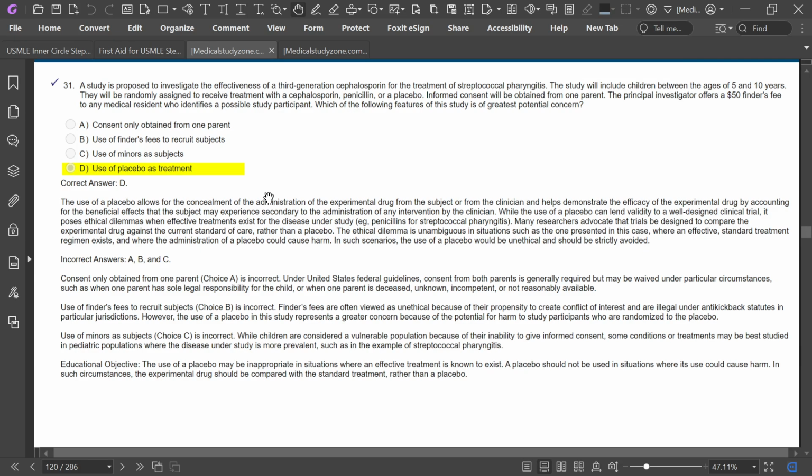Use of finder's fee to recruit subjects is incorrect.